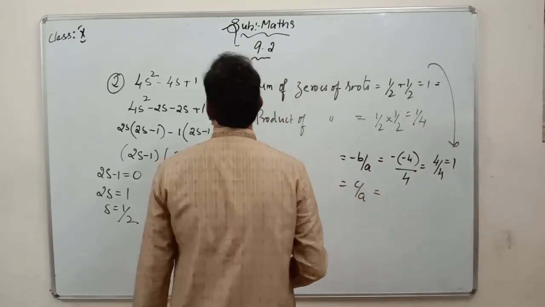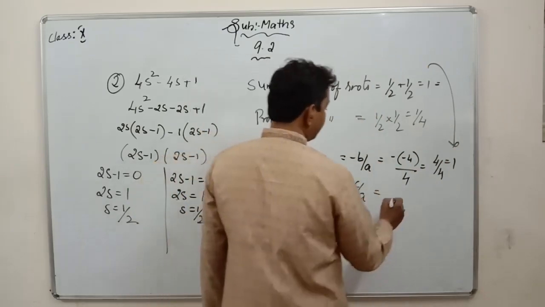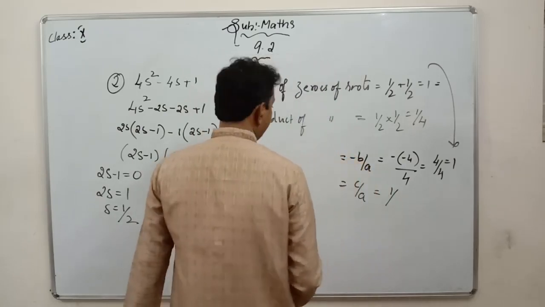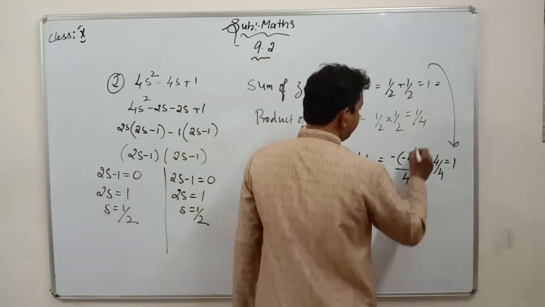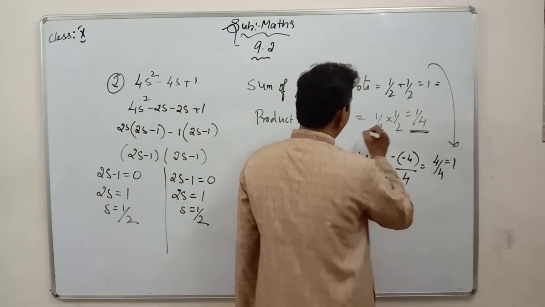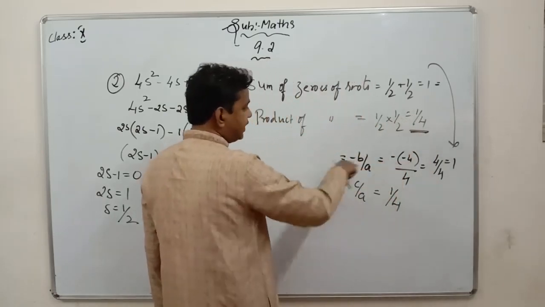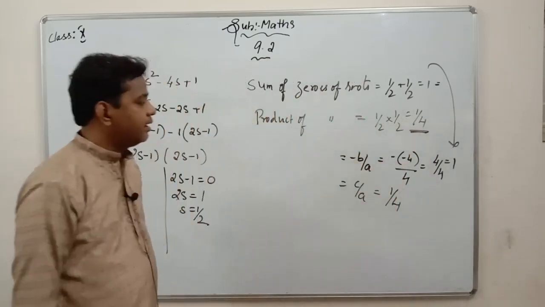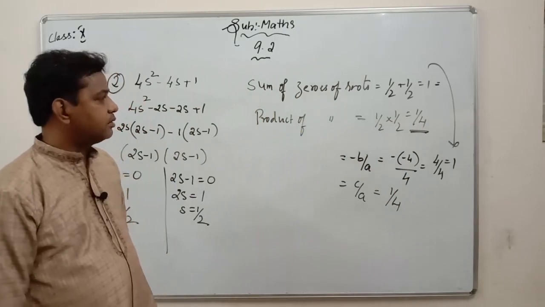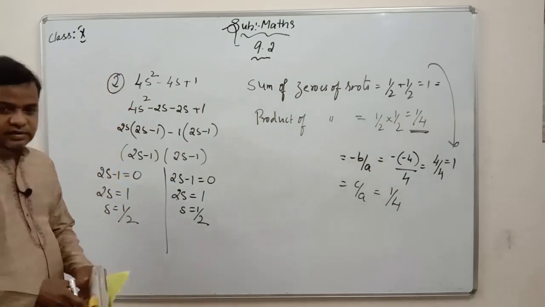What is c? C is 1. What is a? A is 4. So you are getting the same answer here. So product of the roots is 1 by 4 and sum of the roots is minus b by a, that is equals to 1.